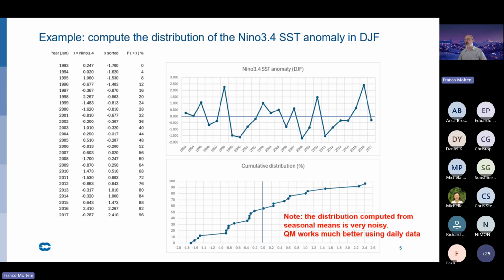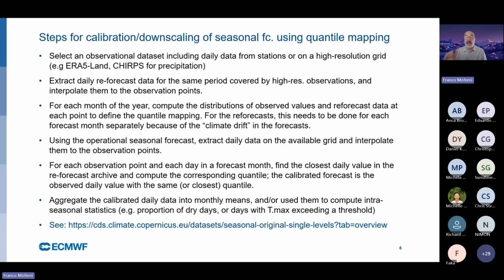I suppose you want to do it, for example, for rainfall in a specific region. Then quantile mapping will work much better if you use daily data. And this is basically what we have done for this project.